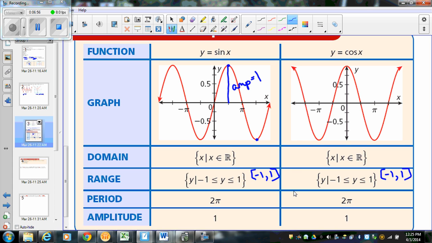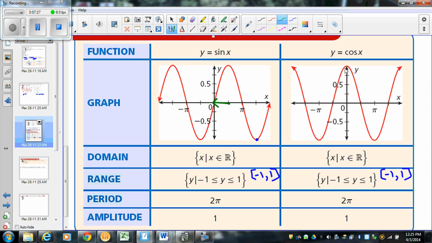Now look carefully at these two graphs of sine and cosine. These two graphs are very similar to each other. If you notice, the sine and cosine graphs are really shifts of each other. If I take the sine graph and I simply shift it to the left by this much, then I'm back at the cosine graph.